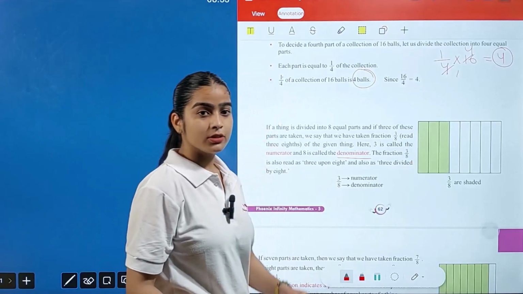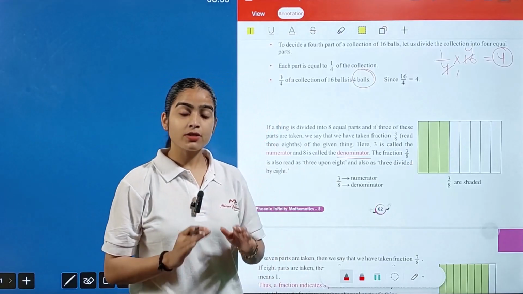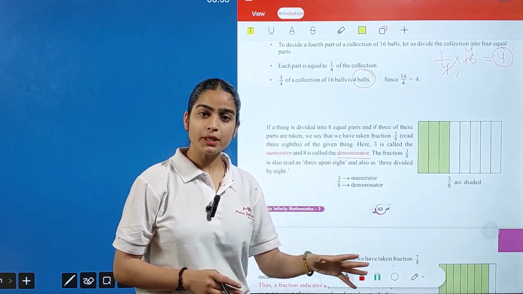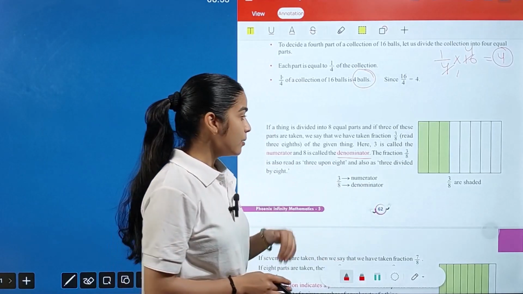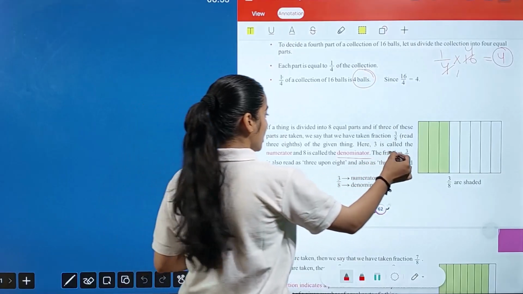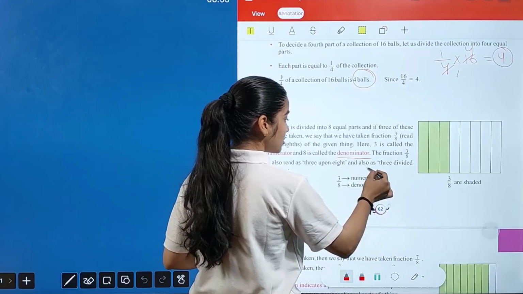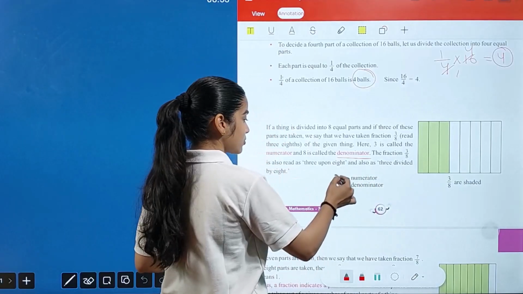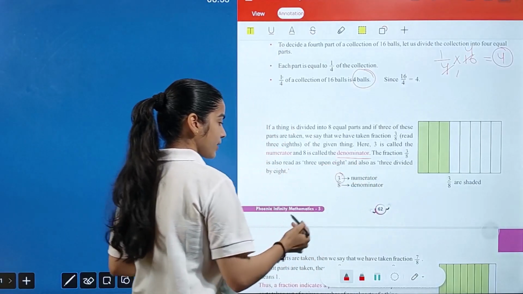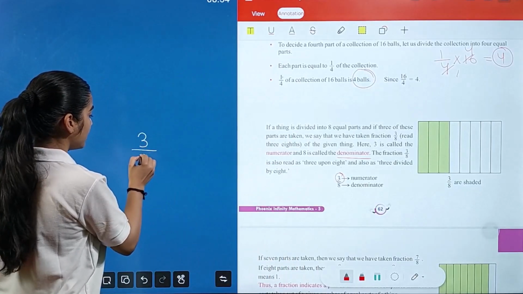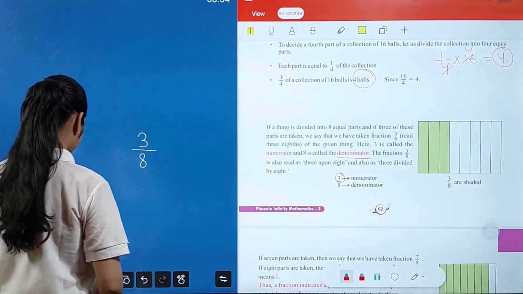We already know that the numerator is always represented above the fraction bar and the denominator is always represented below the fraction bar. So the fraction 3 by 8 is also read as 3 upon 8 and also as 3 divided by 8. So 3 is your numerator. For example, I have 3 by 8.